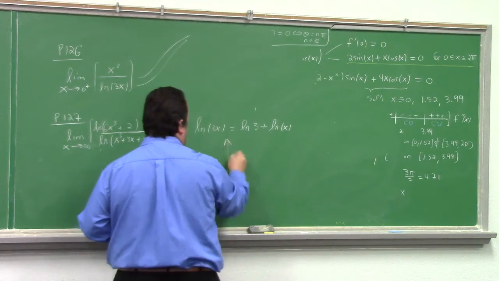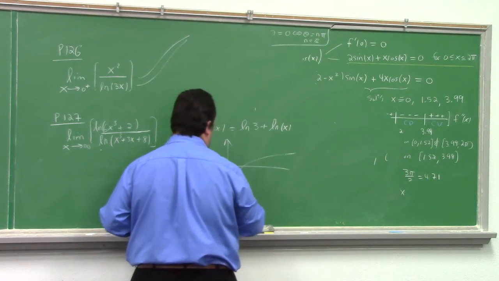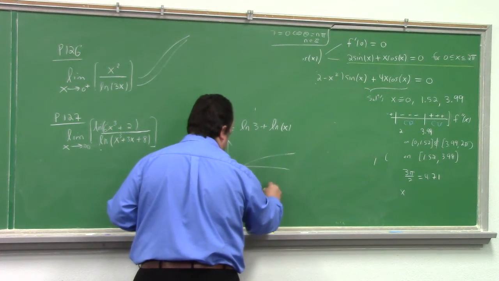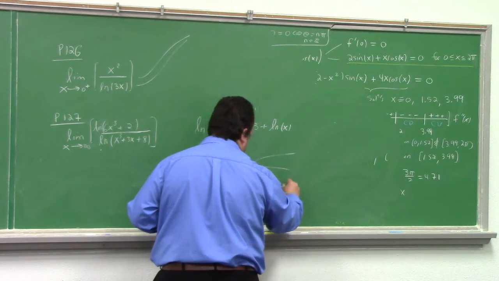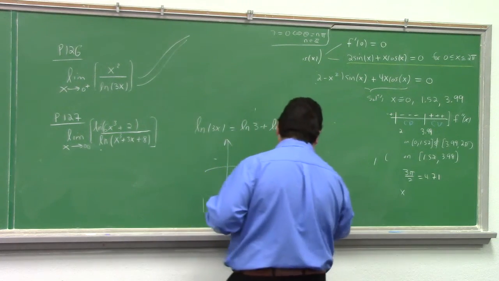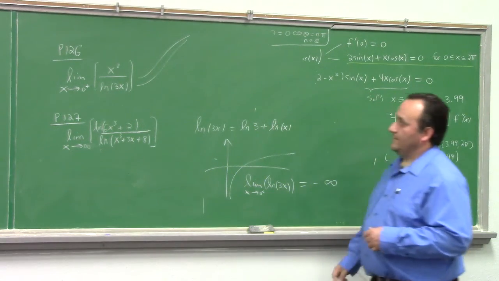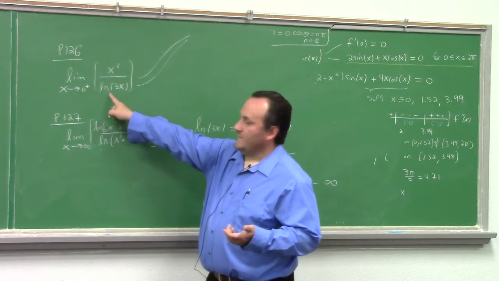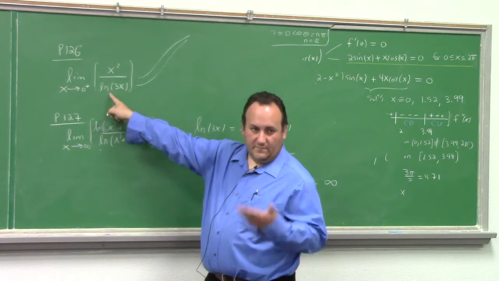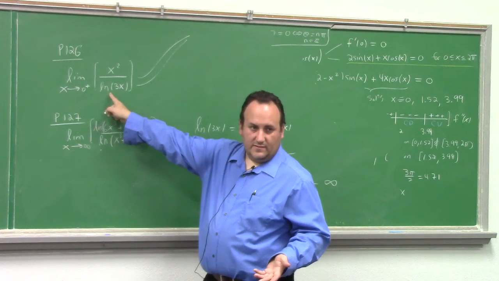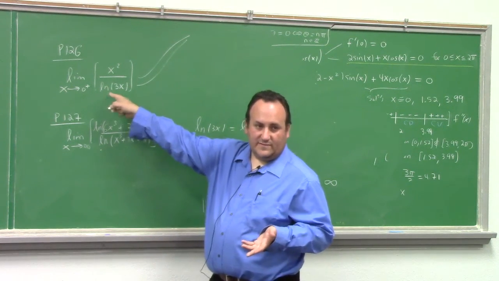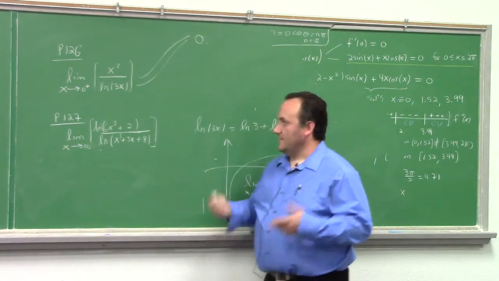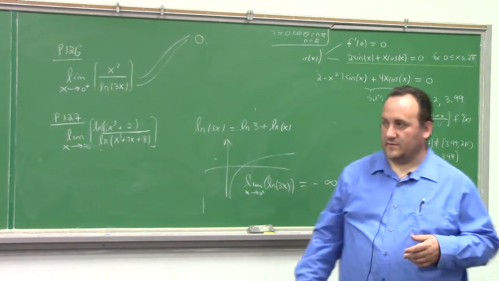And what's the log of x look like? It's this, right? So the limit as x goes to 0 from the right of log 3x is in fact minus infinity. And so what happens if you've got something that's going to 0 and something that's going to a very, very large number, 0 over something very, very large, it's just 0. Yeah, this one's just 0. It doesn't even require L'Hopital's rule.